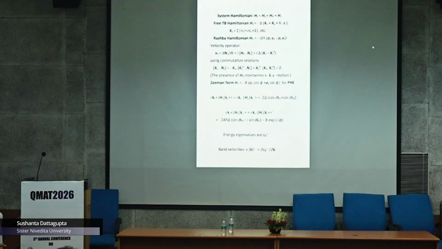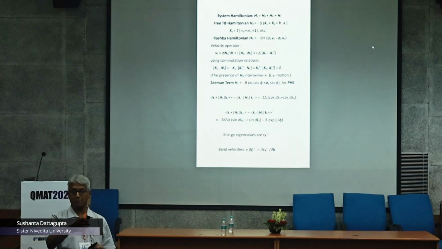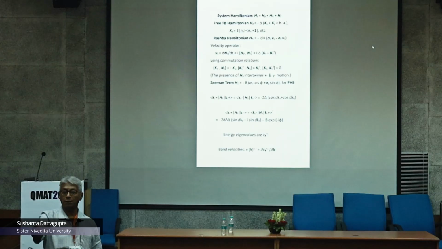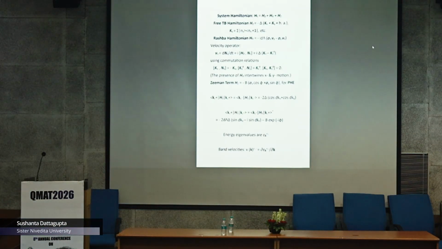So as I said, the motion in the two-dimensional plane is modeled under a tight binding approximation, where you assume that the electrons are mostly localized at sites, and occasionally they move from one site to the other by quantum mechanical tunneling. And so you write the basic Hamiltonian as minus delta. If you take h bar equal to 1, then delta is the tunneling frequency.